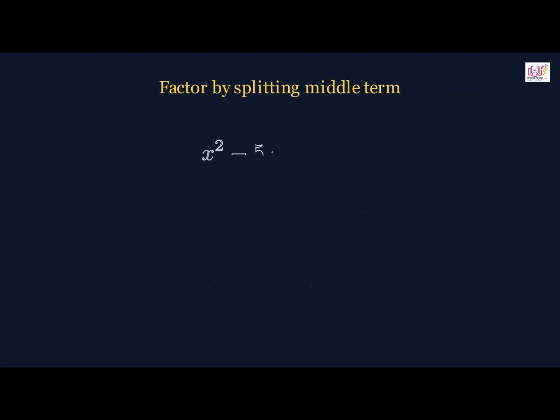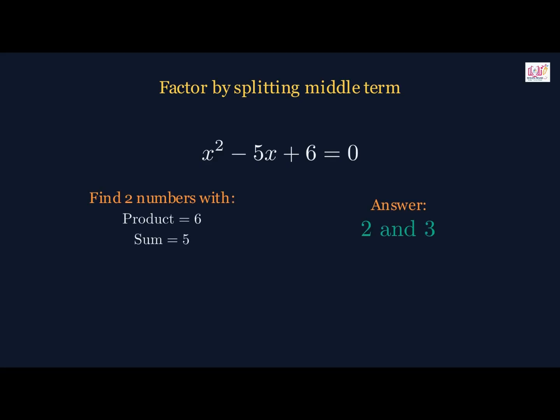Now let us go 1 degree higher. A quadratic polynomial. Consider p of x equals x squared minus 5x plus 6. To find the zeros, we again set the polynomial equal to 0. x squared minus 5x plus 6 equals 0. We factor this by finding two numbers whose product is 6 and whose sum is 5. 2 and 3.